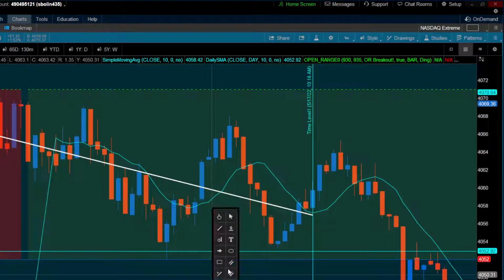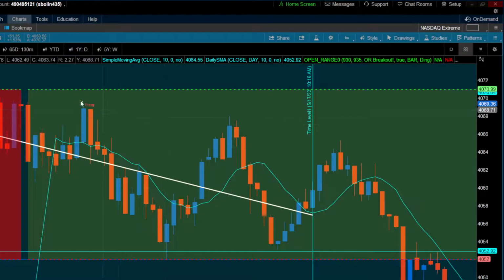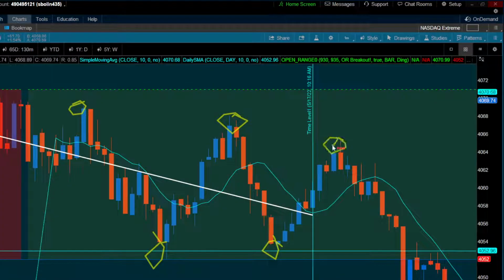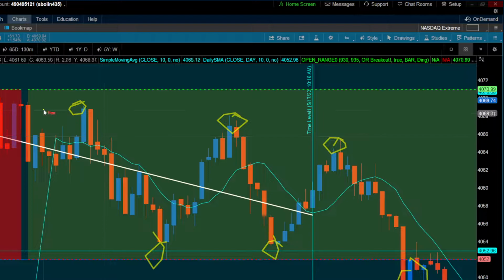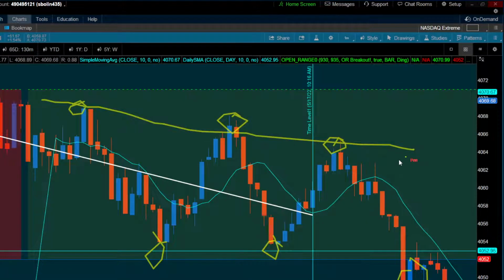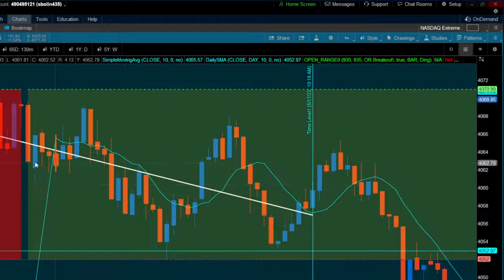Now once you've already got that drawn, focus on the swing high, swing low, swing high, swing low, swing high, swing low. Each one of those swing highs were lower and lower and lower. And same with the swing lows. The idea would have been that we get lower and lower. We actually didn't have one there at that point, but we did get one a little later. Right? So it was trending to the downside, and our technicals were showing max bullishness. So we had some divergence there.